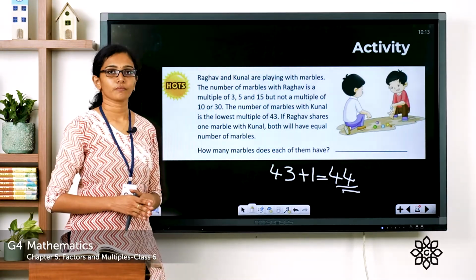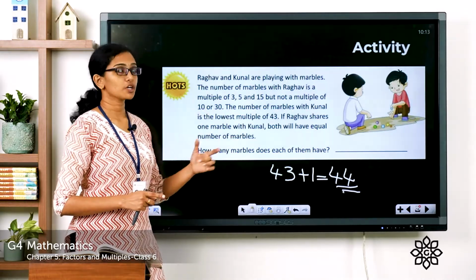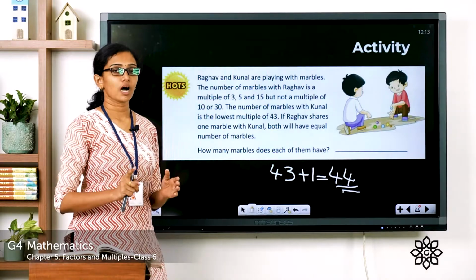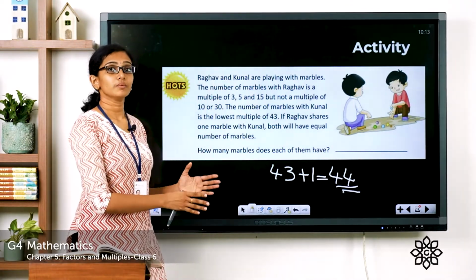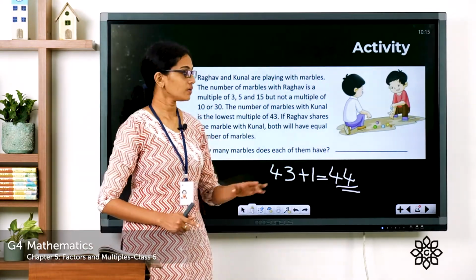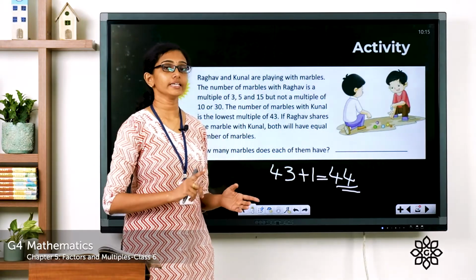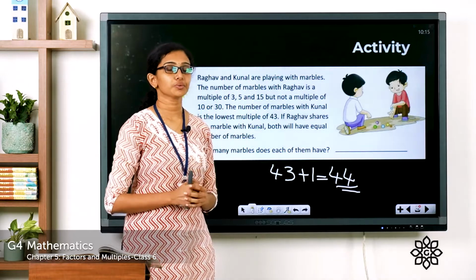So we can find the number of marbles that Raghav had in the beginning. He shared one with Kunal. So now the number of marbles that he has is the number he had in the beginning minus 1. So right now Raghav has 44 marbles with him. This is after giving 1 to Kunal. So what if he hadn't given 1 to Kunal?